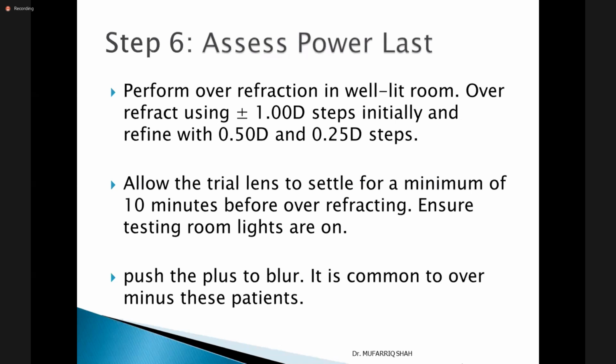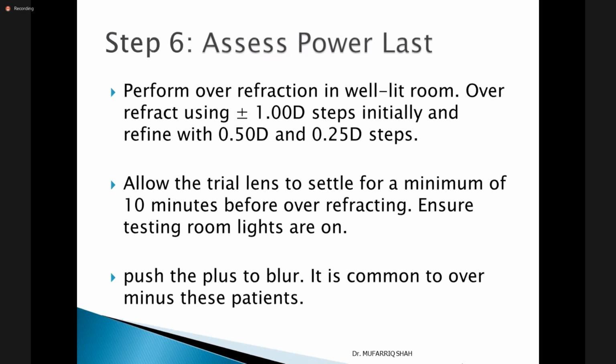So you need to go for the high power, this is plus minus 1.5 diopter, and you will observe the power. And step by step, once the lens is getting settled and the edema is resolving, then you will see the improvement in the vision with the changing of the lens.